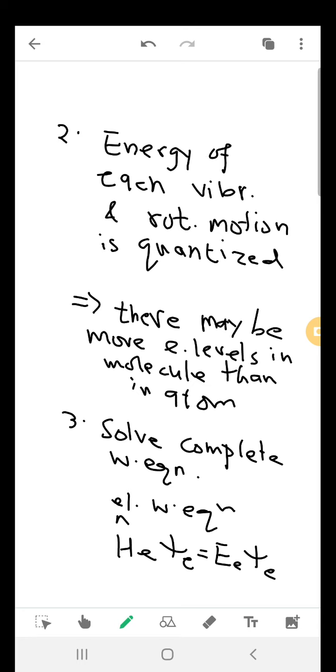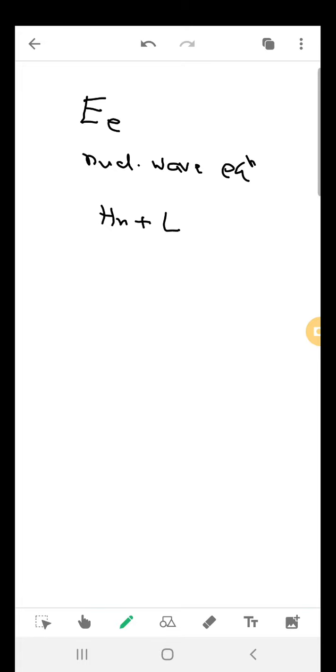Now, having obtained the electronic energy level, the nuclear wave equation is the nuclear plus electronic wave equation acting on the nuclear wave function, giving you the value of E, the total energy.